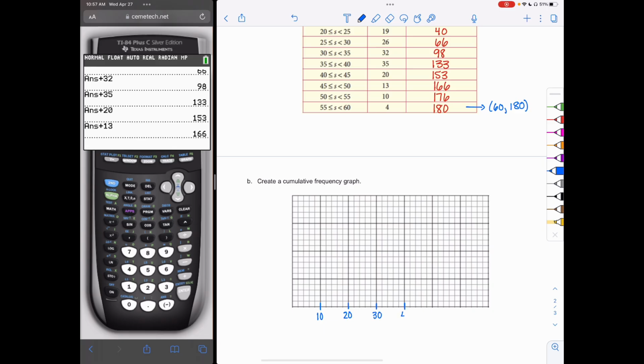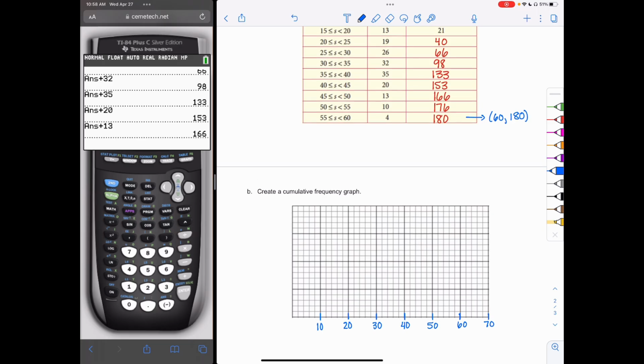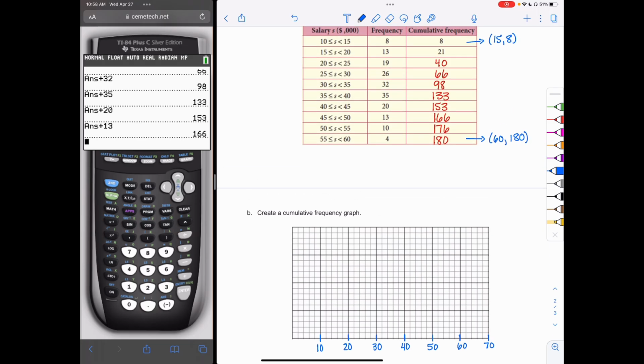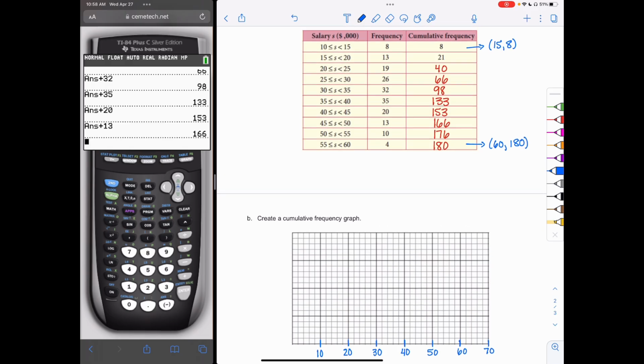Major grid lines are the lines that are in bold, they're darker. Minor grid lines are the lines that are very light or faint. On my major grid lines of my x-axis, I am going to go by tens. My minor grid lines, however, are increasing by twos because I know that I have to count 2, 4, 6, 8, 10.